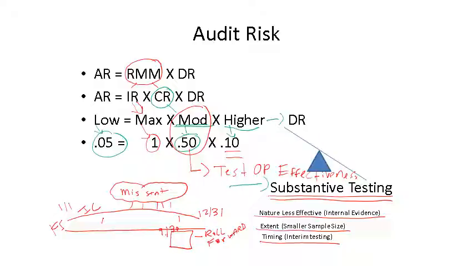The other thing that we would need to do at this point, remember, we look at the implementation and we look at the design when we're making that assessment. So we have to look at design, but we also have to look at implementation. Design and implementation.